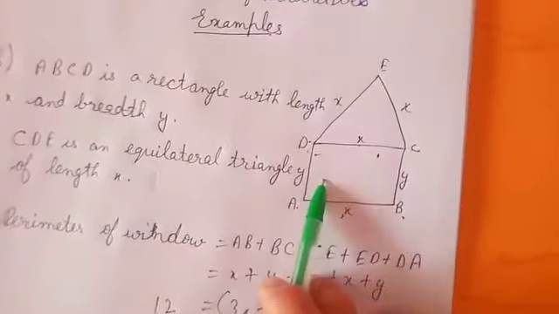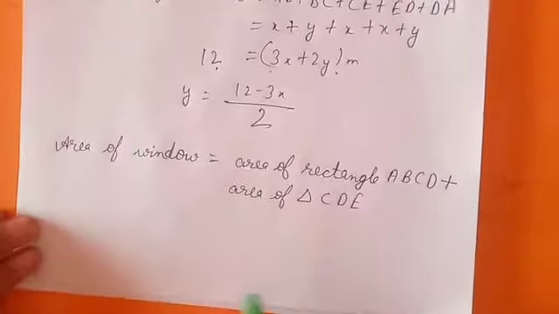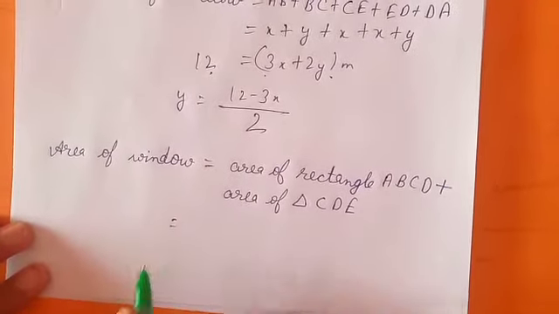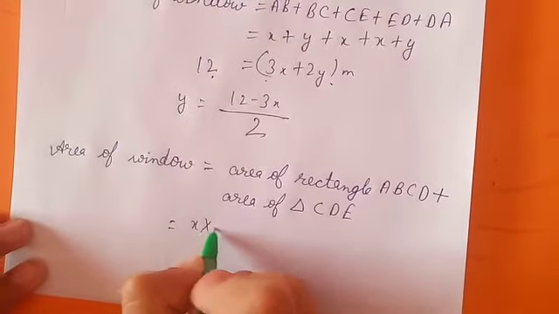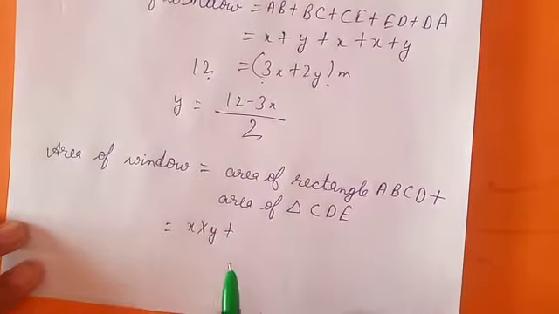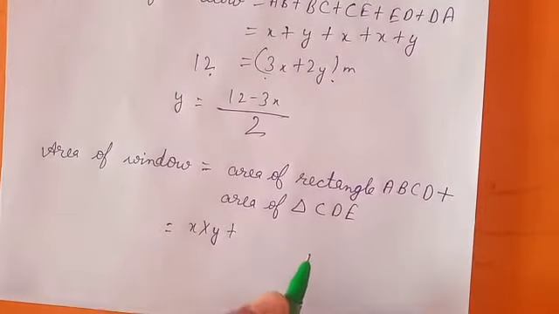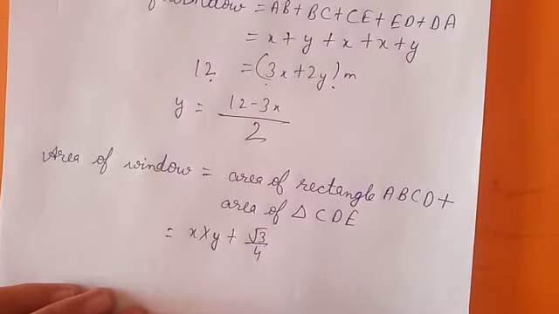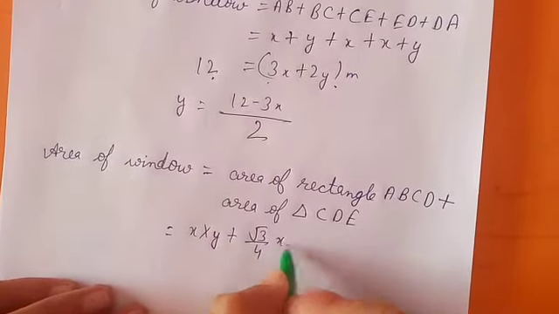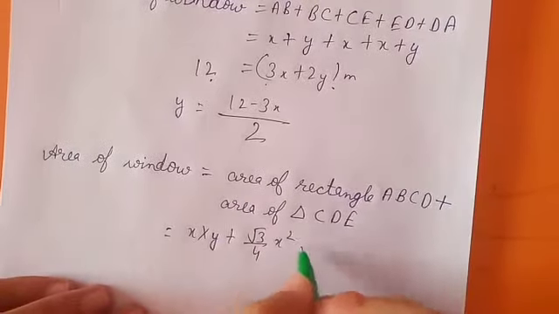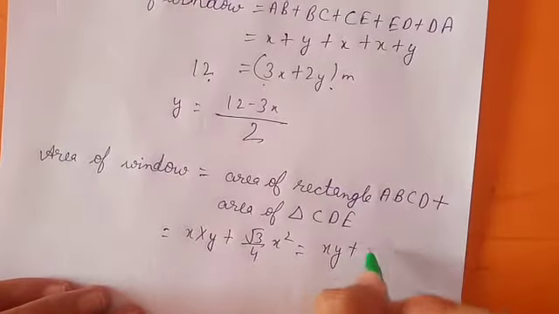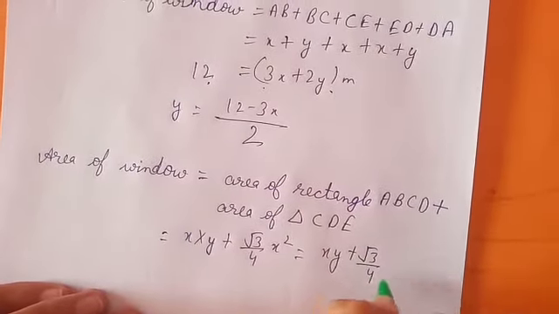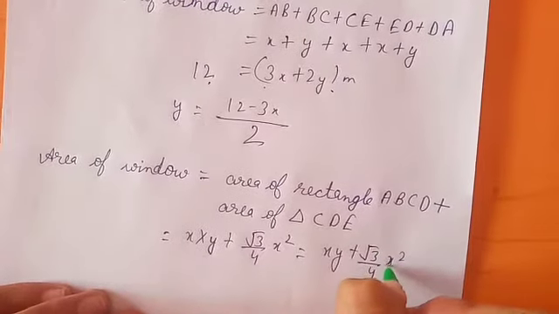Area of this plus area of this. Now the area of a rectangle we know is length into breadth, that is x into y, plus the area of an equilateral triangle is root 3 by 4 into side square. And what is its side? It is x. So the total area becomes xy plus root 3 by 4 x square.